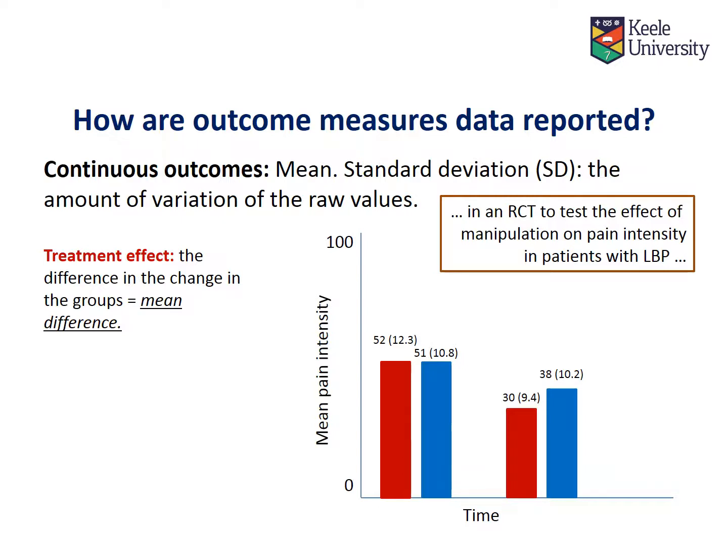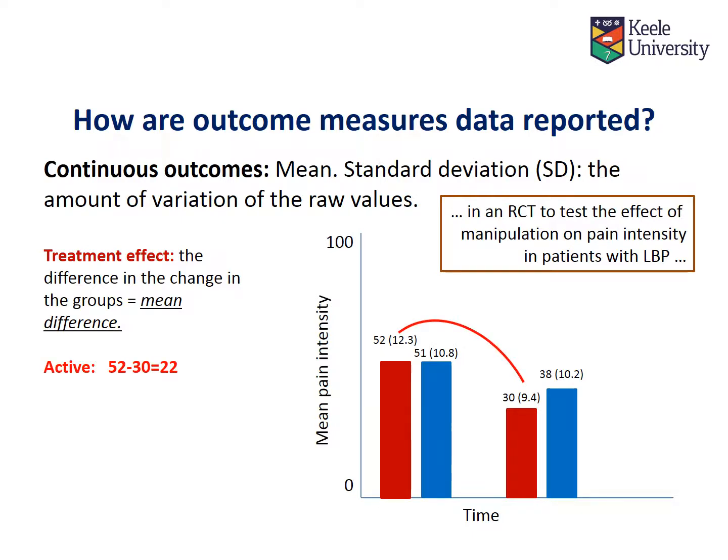So they both got better. What we're really interested in is the difference in the change, which means the mean difference, the difference in the mean change in the groups.